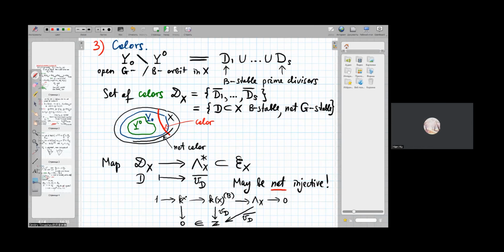In section 2 there was a one-to-one correspondence between G-invariant valuations and some vectors in this space. But here the correspondence is not one-to-one: different colors may map to one and the same vector.